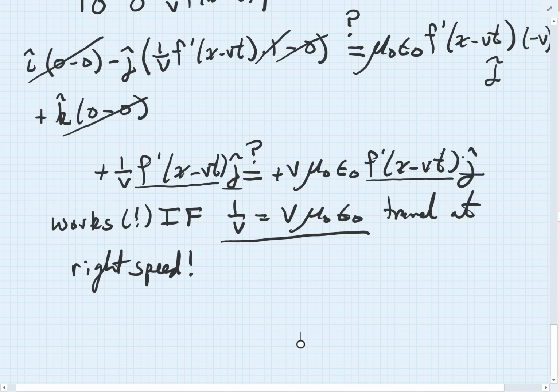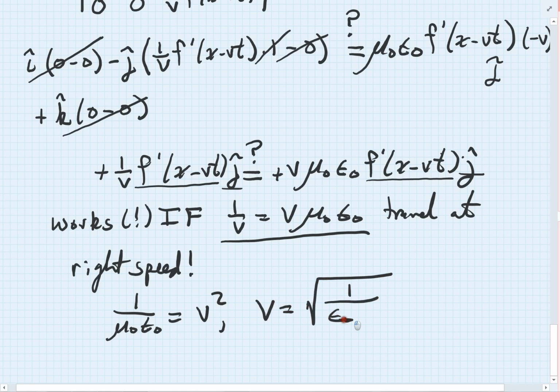As we were saying, we get v squared on this side of the equation, and mu naught epsilon naught we're going to move on to the other side of the equation by dividing. So we'd get 1 over mu naught epsilon naught equals v squared, or that the speed of the pulse has to be the square root of 1 over epsilon naught mu naught.